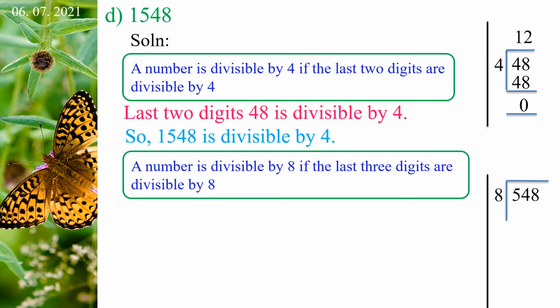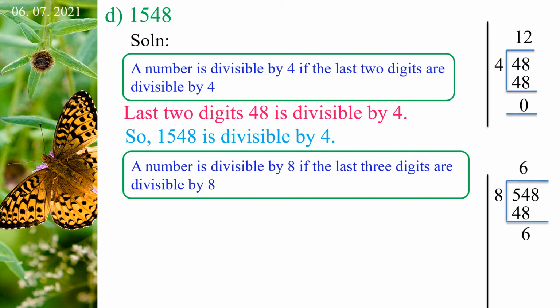Let us check. 548 is the dividend, 8 is the divisor. Here 6 eights are 48. Next we want to subtract 48 from 54.